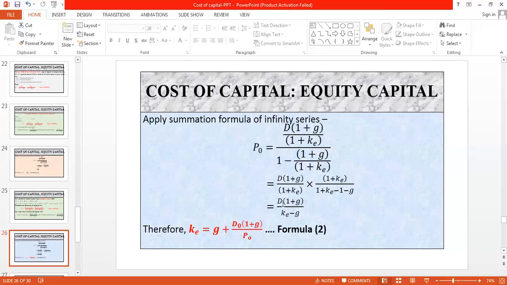So the numerator will be D0 into 1 plus G divided by Ke minus G.